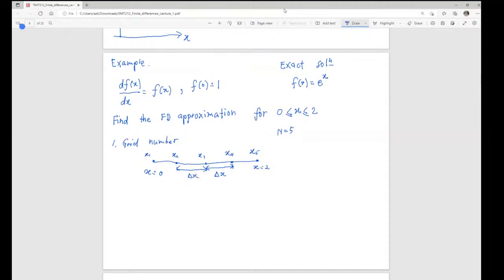So our delta x is 2 divided by 5, which is 0.4.